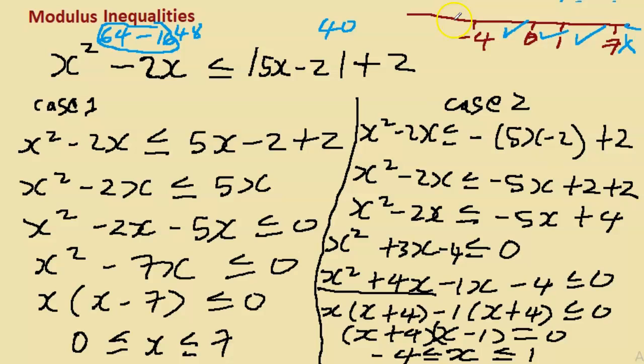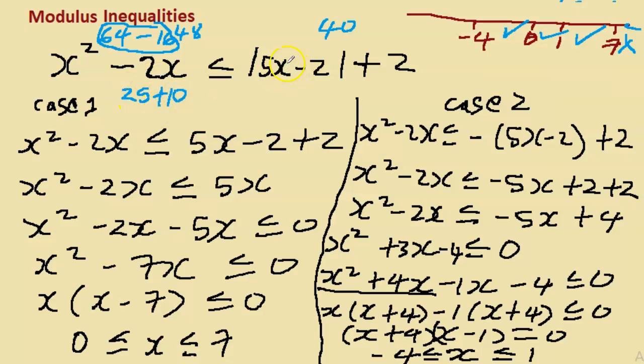Let's try a value that's less than negative 4. Let's try negative 5. If we try negative 5, then negative 5 squared, that's 25. Negative 2 times negative 5, that's positive 10. So the left hand side is 35.